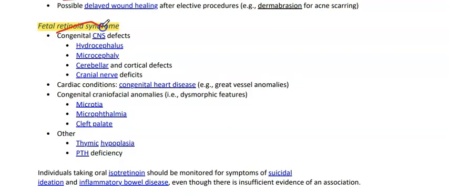Another is fetal retinoid syndrome, which leads to congenital CNS defects, cardiac conditions, congenital craniofacial anomalies, and others like thymic hypoplasia and PTH deficiency.